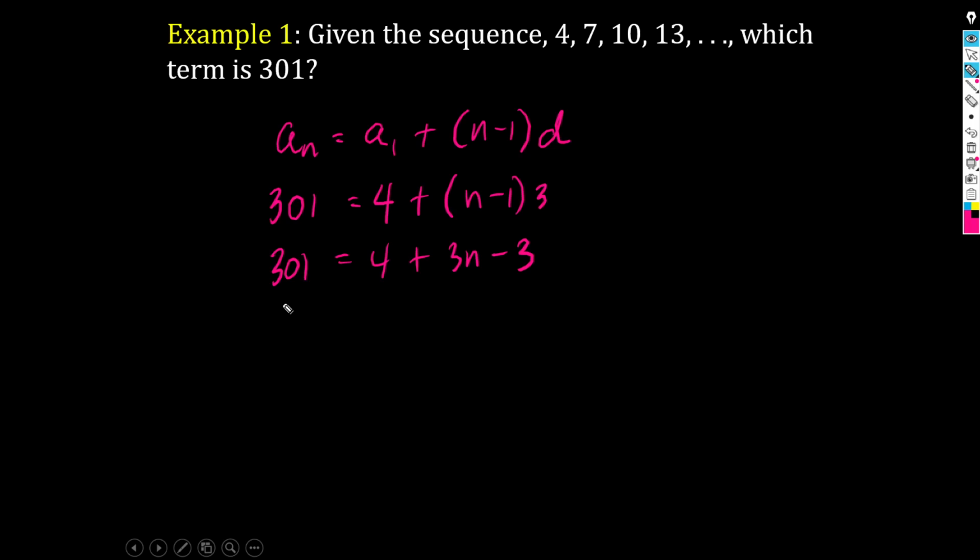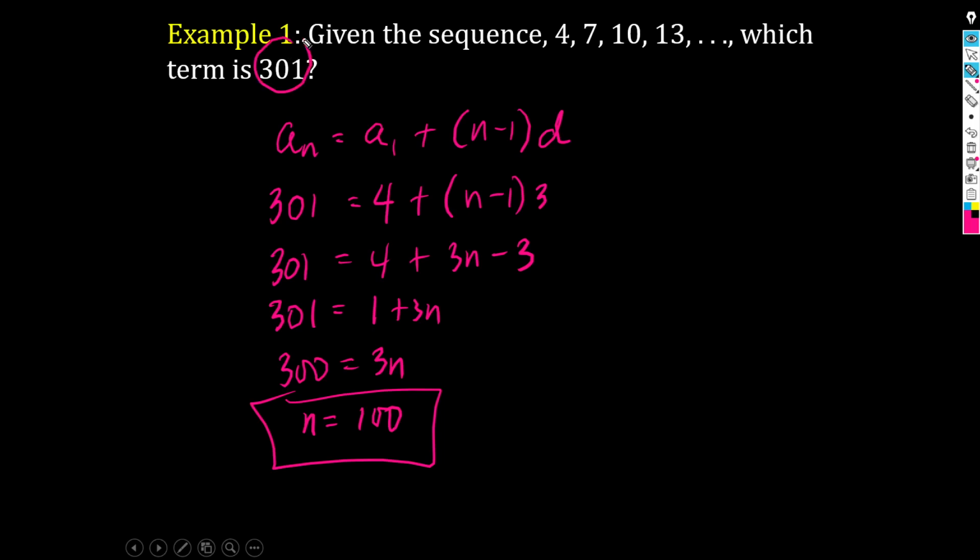Okay? Very simple. 301 equals 4 minus 3, that's a 1, plus 3n. I use APE. I have 300 equals 3n. Therefore, n must be 100. No? Ibig sabihin, si 301 ang 100th term ng sequence. Okay?